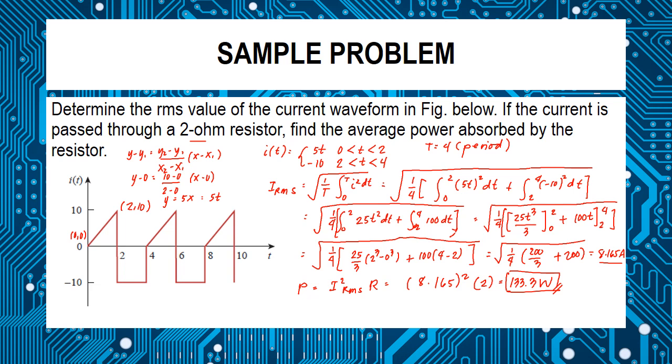And so simplifying, we'll be having 1/4 times 25 times 8 over 3, like t cubed, so this will be 2 cubed minus 0 cubed, plus 100 times 4 minus 2.